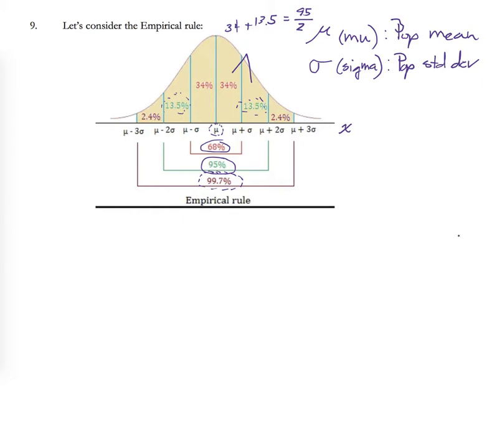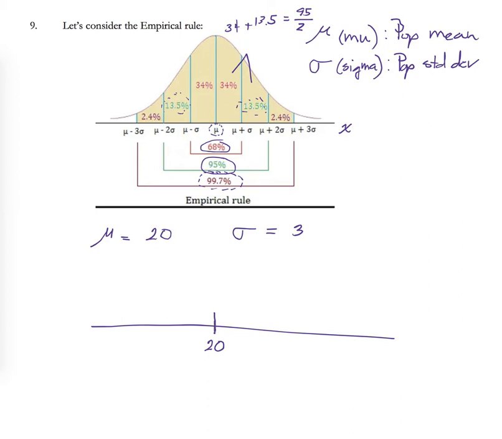So there's our layout. Let's say we had a data set where the mean, the population mean mu, happened to be 20, and the standard deviation sigma happened to be 3. Well, then that means that right at the center of our distribution would be this value 20.